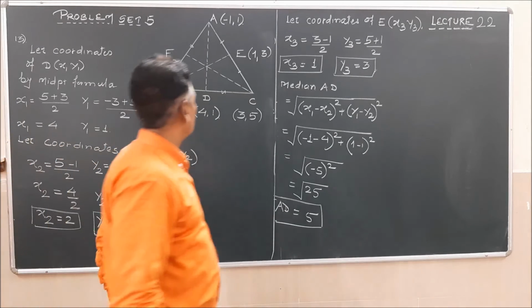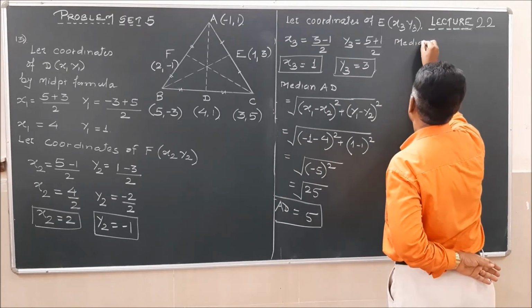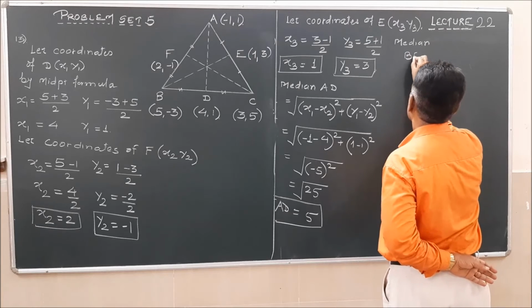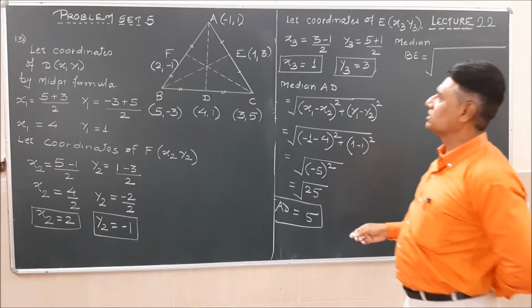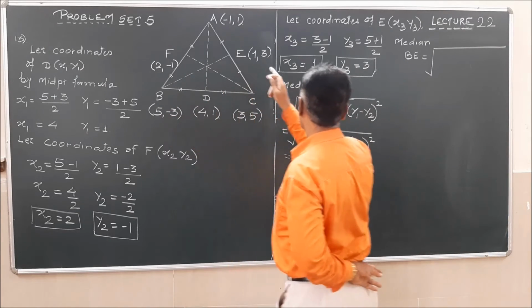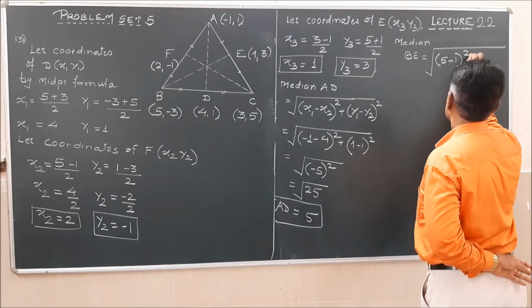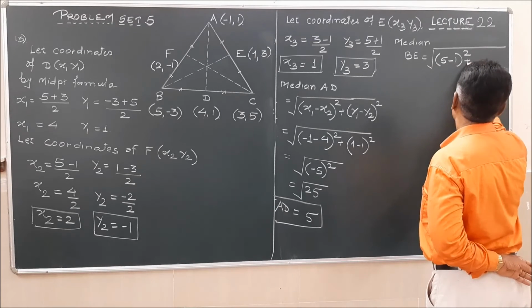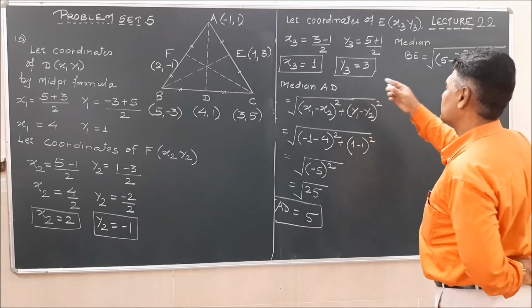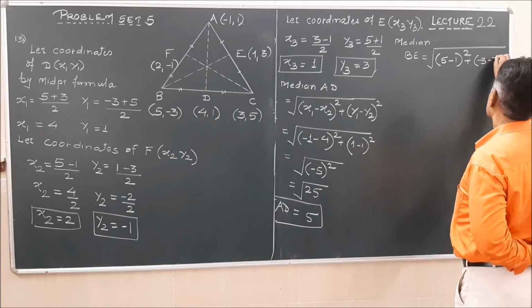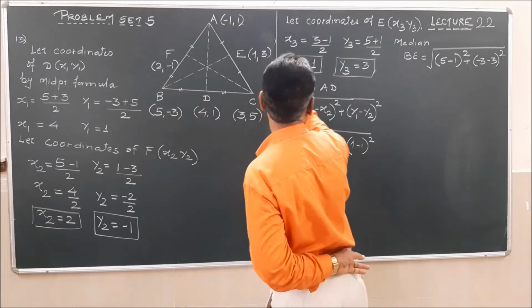In the same manner, length of median BE is equal to 5 minus 1 the whole square plus 5 minus 1 the whole square minus 3. Be careful here. Minus 3 the whole square.